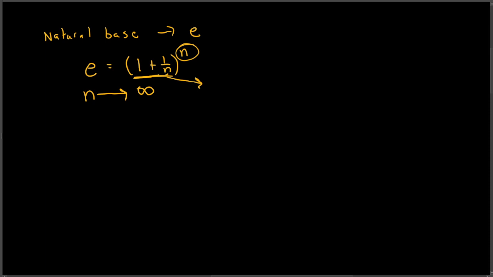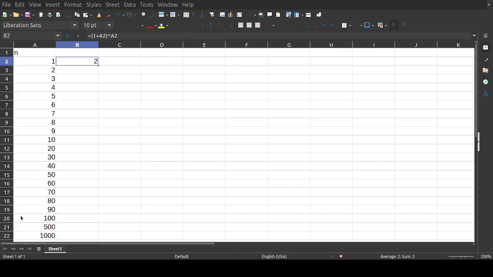So what I've done here is I've set up a spreadsheet. I've put n values, and I've done up to 10 and then up to 90 and up to 100.